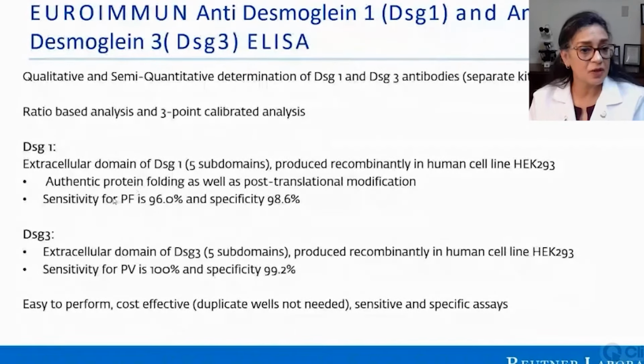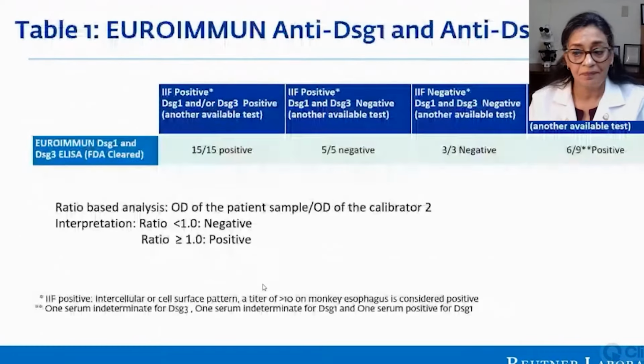Also, this allows authentic protein folding as well as post-translational modification. And the sensitivity of DSG1 ELISA for PF is 96% and specificity about 99%. And for DSG3, for ruling out pemphigus, it is 100% and specificity 99%.